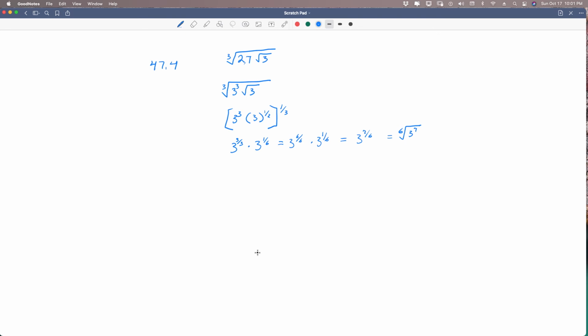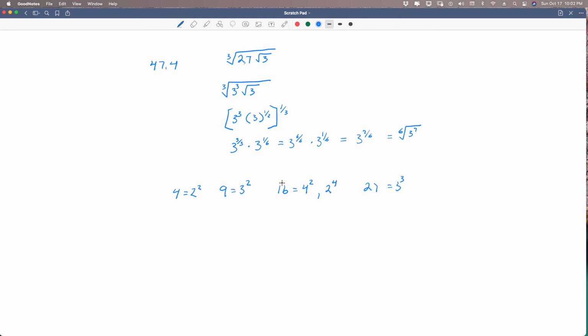Okie dokie. Artichoke. So to work problems like this, we have to always remember simplifications such as this. 4 is equal to 2 squared. 9 is equal to 3 squared. 16 is equal to both 4 squared or 2 to the 4th. 27 is equal to 3 cubed, and so forth and so on.